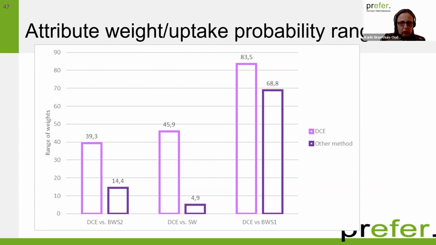So that's the middle one in this figure, where you see that the range in attribute weights was very large for the DCE, 45 or almost 46, and only 4.9 for the swing weighting. So somehow in the swing weighting, the weights just average out over all the attributes. Next slide.